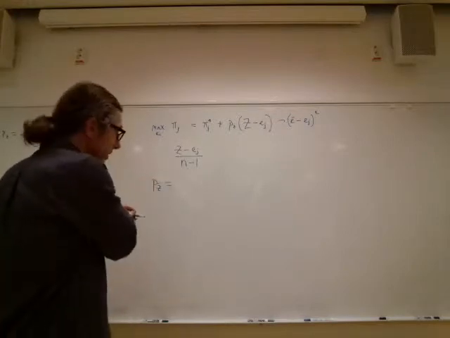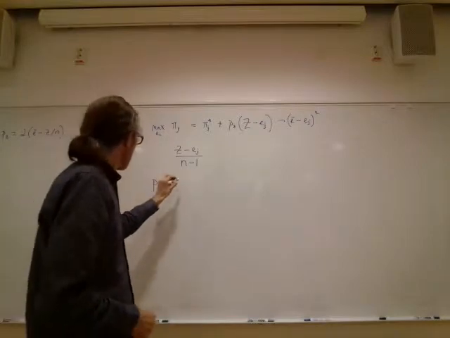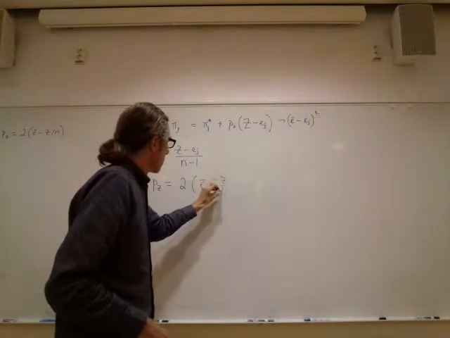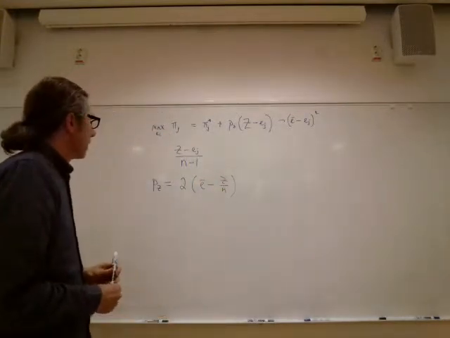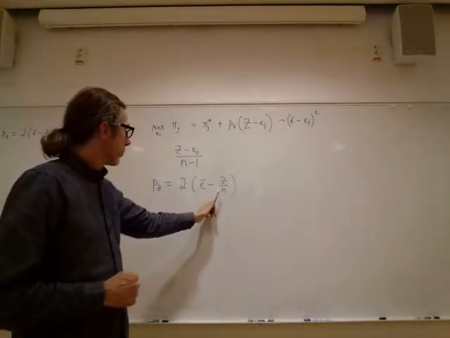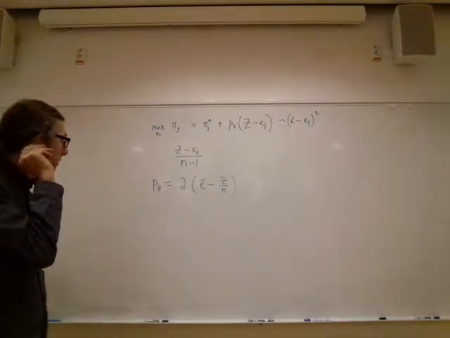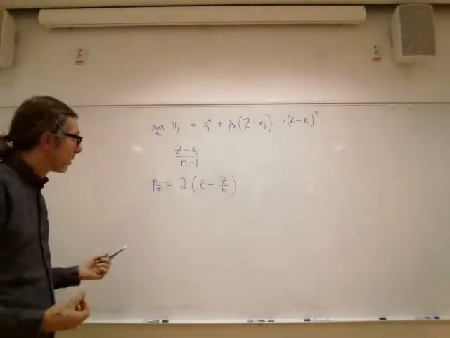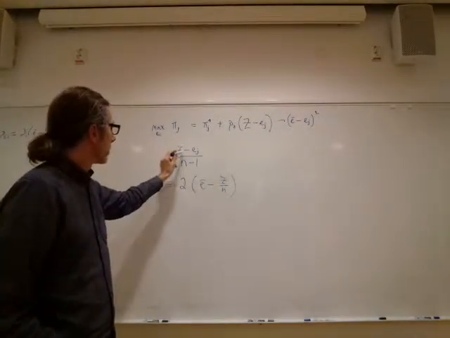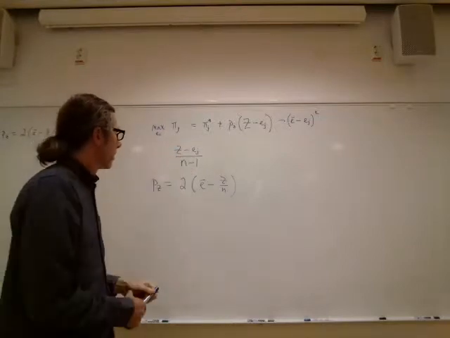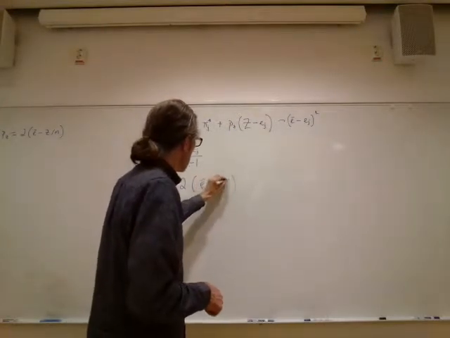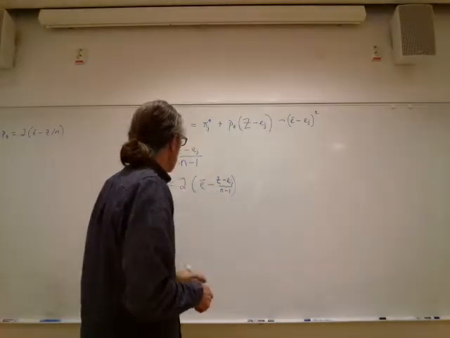We worked out that PZ was 2 times E bar minus Z over N, where Z over N is the number of permits that each of the firms has. But now, each of the price-taking firms doesn't have Z over N permits, they have Z minus Ej over n minus 1. So we can replace that by that.